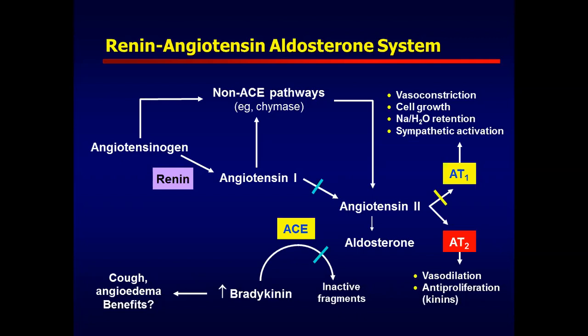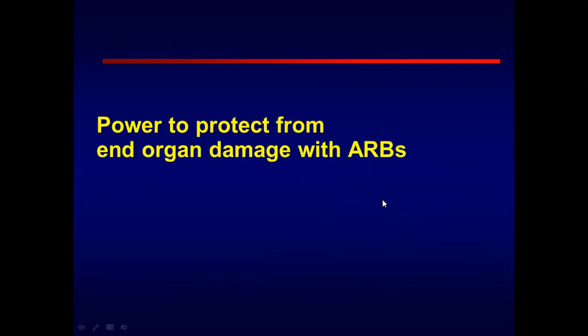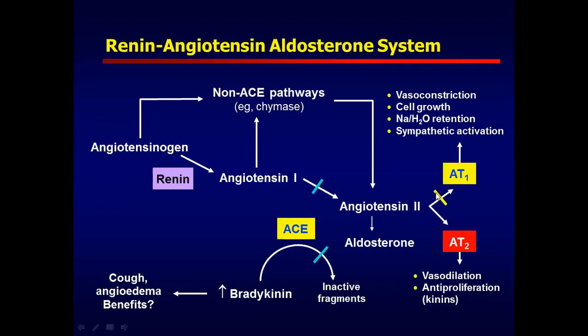So scientists started to work on how to overcome these side effects, and they invented, in the end, ARBs, angiotensin receptor blockers. As you can see, angiotensin 2 works on two major angiotensin receptors, angiotensin 1 receptors and angiotensin 2 receptors. Angiotensin 1, that we saw in the last slide, is the harmful receptor. It causes vasoconstriction, cell growth, sodium and water retention, and assists sympathetic activation.